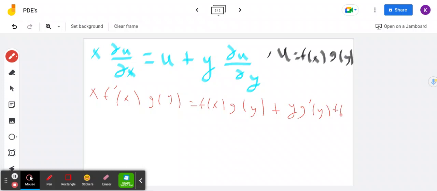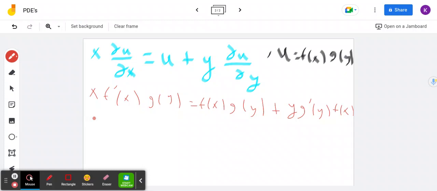So what we want to do is put the x's on one side and put the g of y and y's on the other side. So actually what we can do is take out the f of x from here and then divide, and also divide by g of y from here.